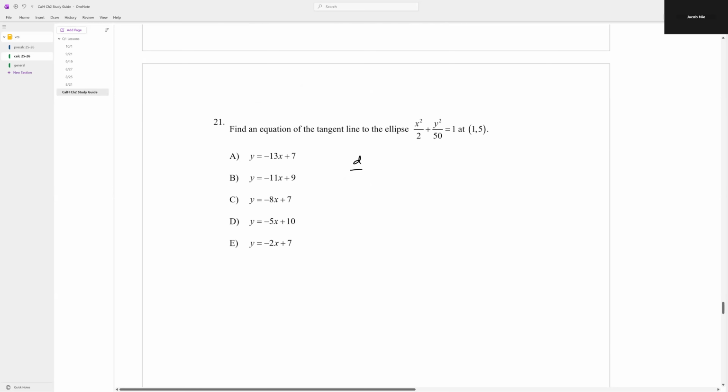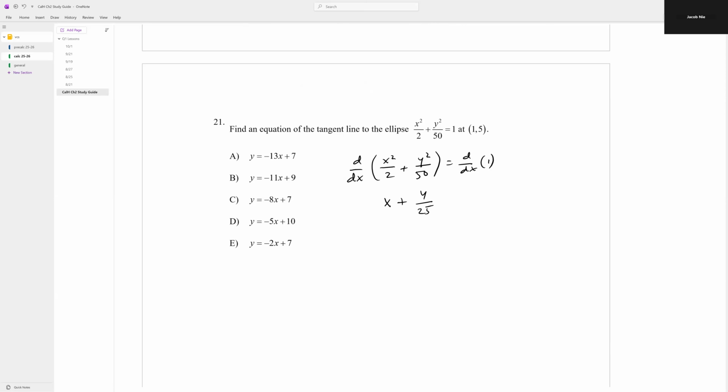We're going to do implicit differentiation, do a derivative of both sides. And so the left side is going to become x plus y over 25 dy/dx.